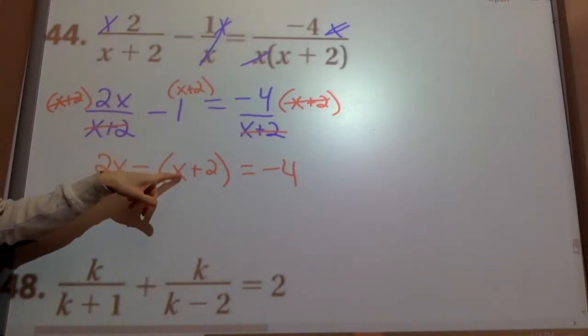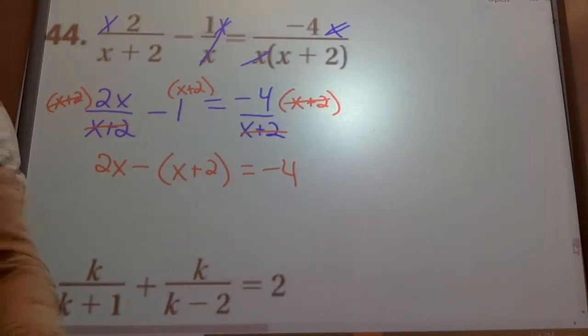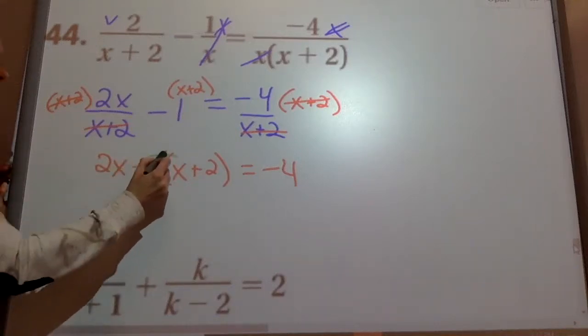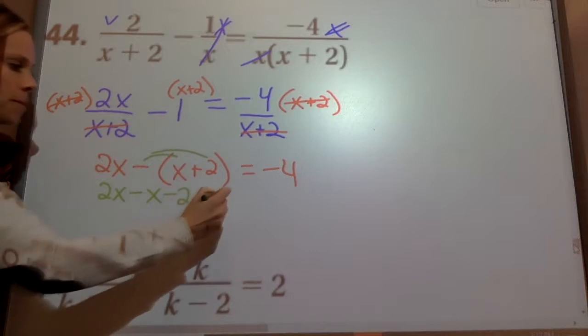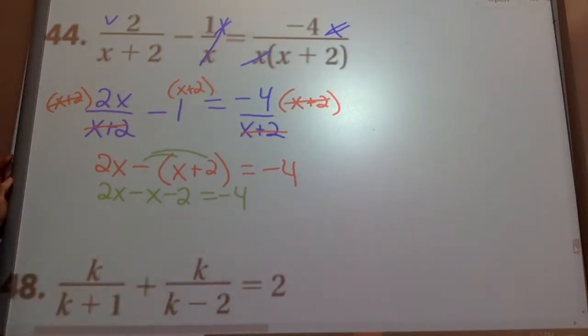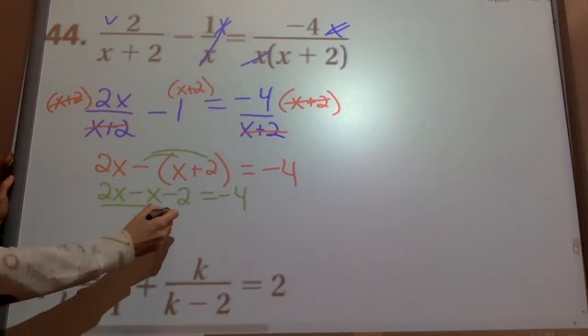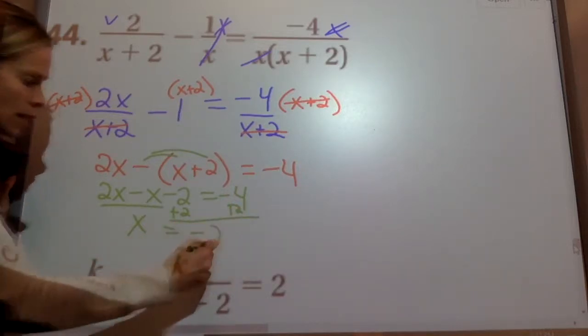So I'm subtracting the x and I'm subtracting the 2, so you need parentheses there. And then you're going to finish solving this by distributing that negative through, so 2x minus x minus 2. And this turns into something simple to solve, linear. I can combine 2x minus x into x, add the 2 over and get negative 2, and then I'm done.